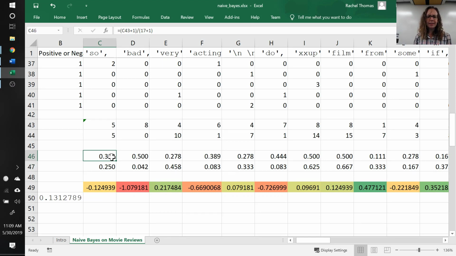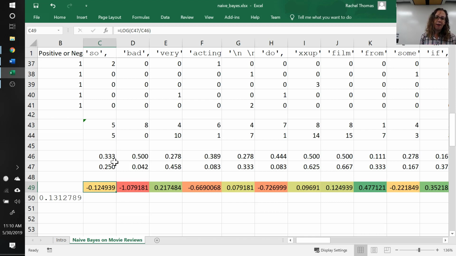You can think of this as an approximate average of how often "so" shows up on a per review basis for negative reviews. So 0.3 times you'll have "so" on average for each negative review. So we've got these averages, and then we put them together with the log ratio.